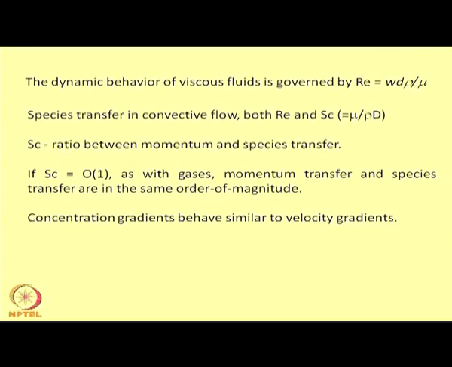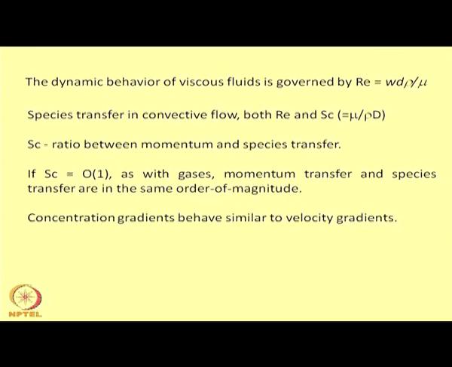That means, both these processes, momentum transfer and species transfer, will take place at the same rate. So, the concentration profile and the velocity profile as they grow will be similar in nature.